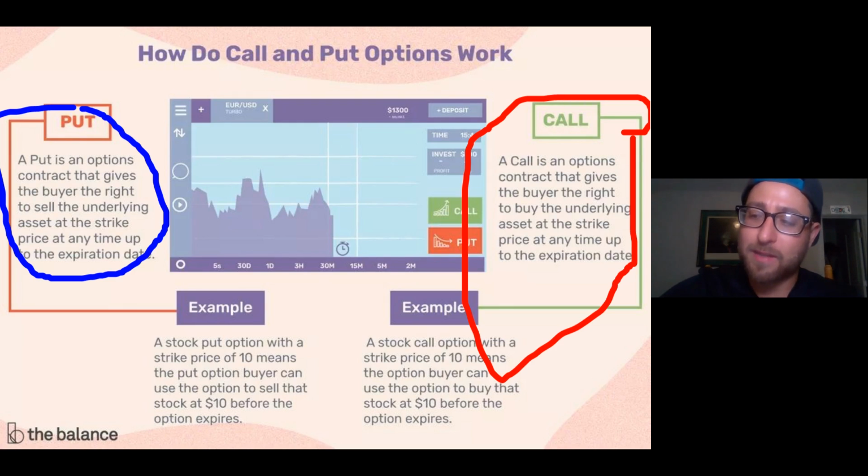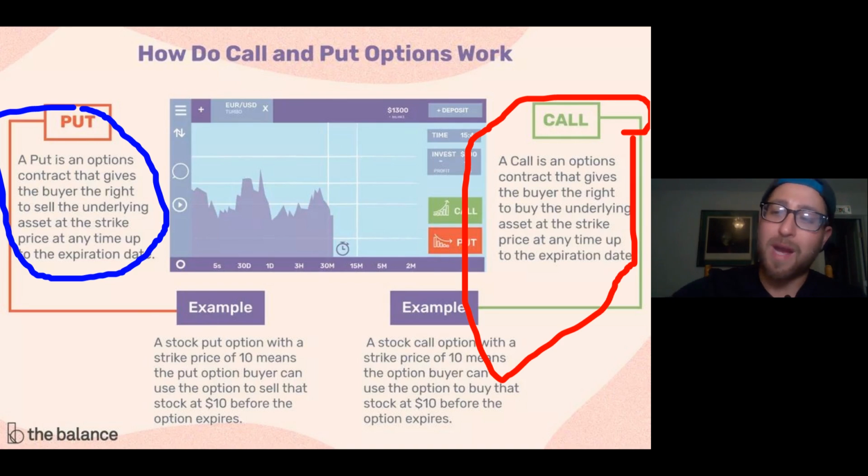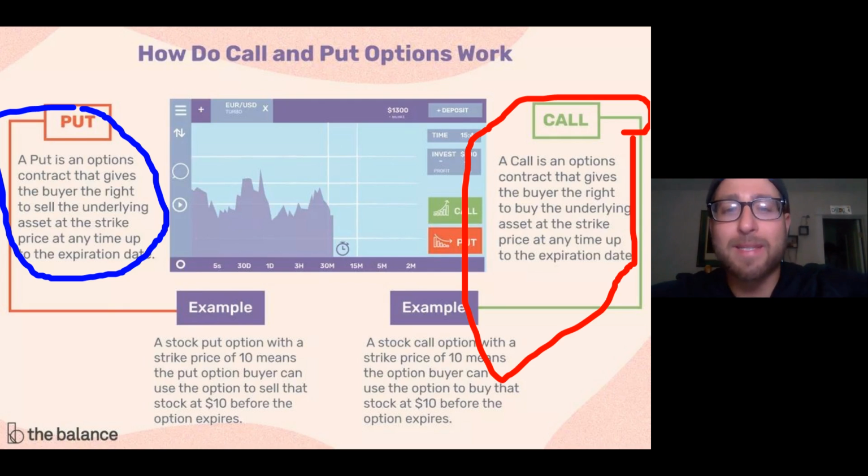So think about a contract in terms of sports. Tom Brady, Patriots, his contract expired. So think of contracts as being able to expire. So options are contracts that expire, which gives them a lot more risk associated with them than just buying a stock. You could buy a stock and hold it for eternity.